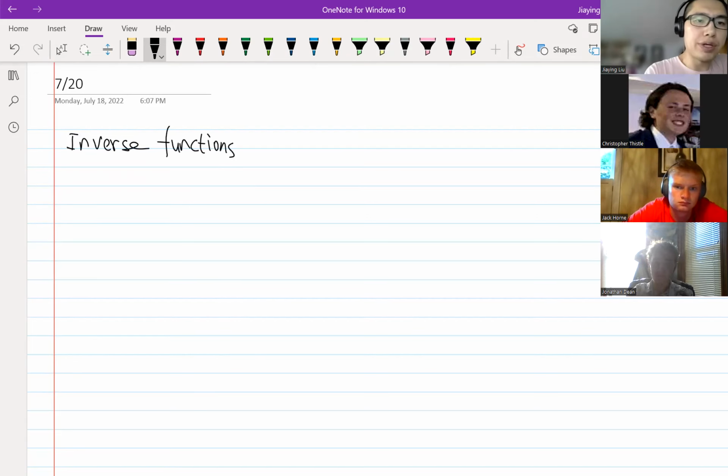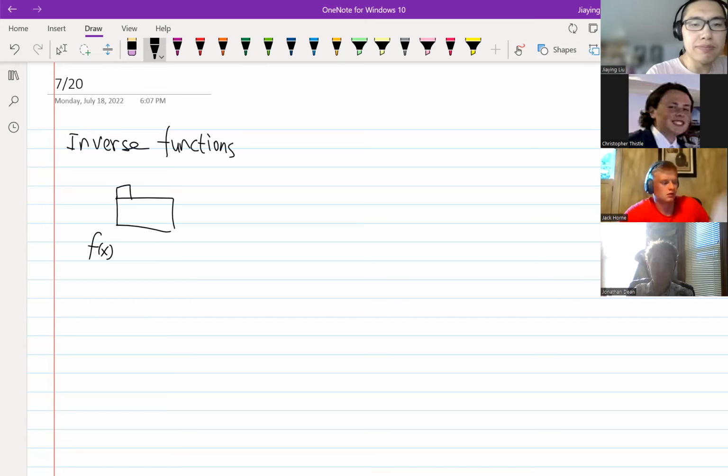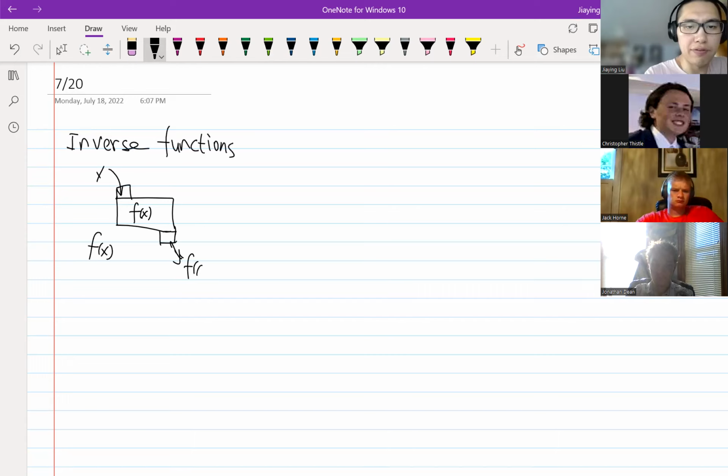So let's see. We talked about functions before. A function f of x, you can consider as some sort of machine that takes the input x and does something to it, and then gives us the output f of x, or y. Right?